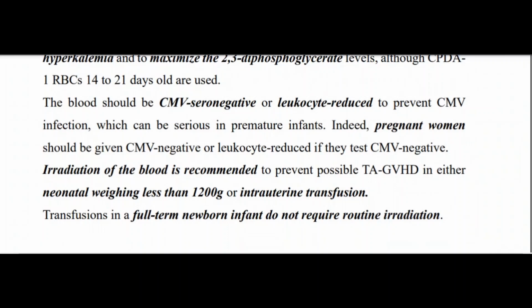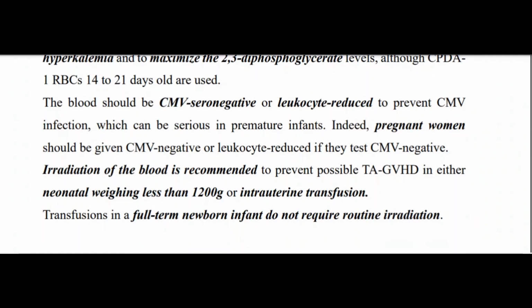But pregnant women should also be given the same units, cytomegalovirus negative or leukoreduced, if the test for cytomegalovirus is negative. So in some cases, irradiation is also very important. It is very much recommended. Irradiation is recommended to prevent possible transfusion-associated graft versus host disease in a neonate weighing less than 1.2 kilograms or in intrauterine transfusion.